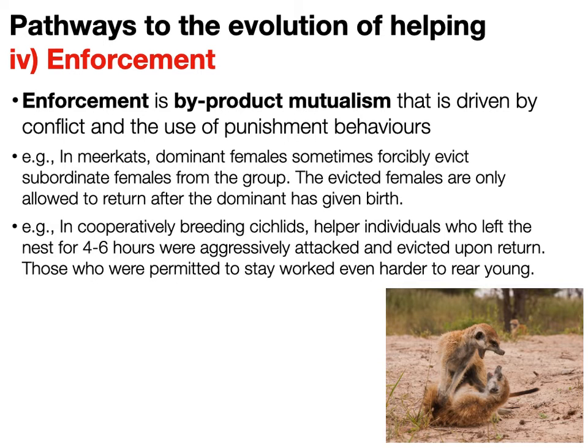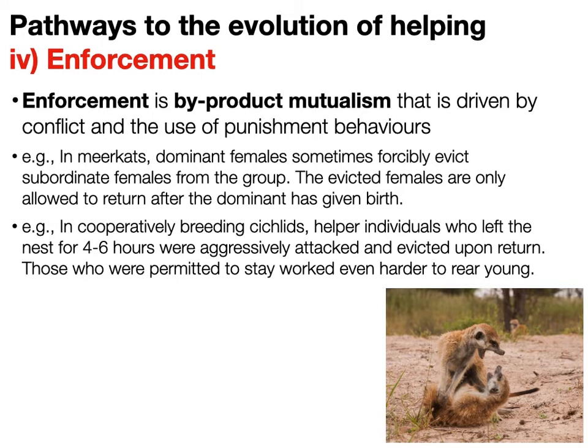Another example, in cooperatively breeding cichlids, these are fish that have helping behaviors during breeding. This was done experimentally, where the researchers removed the helper from the nest for a few hours and then returned it. When the helper was returned, it was aggressively, violently attacked and evicted from the nest.